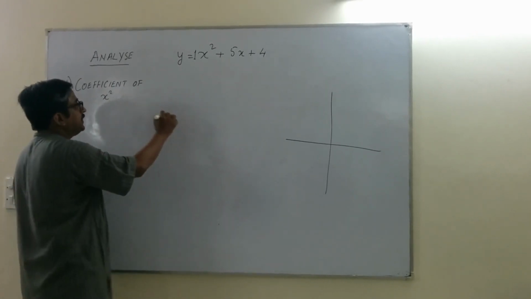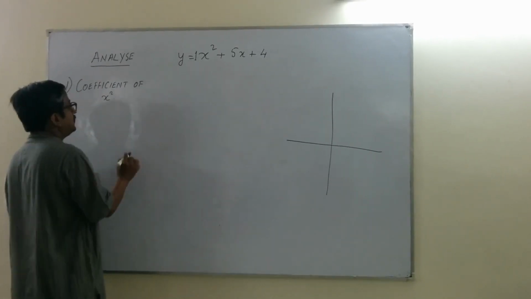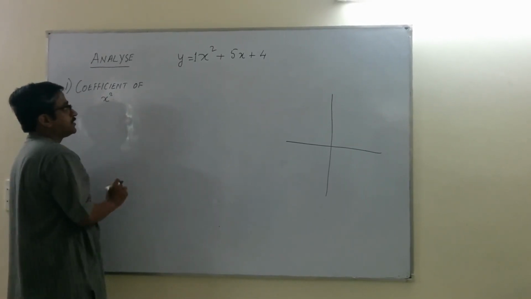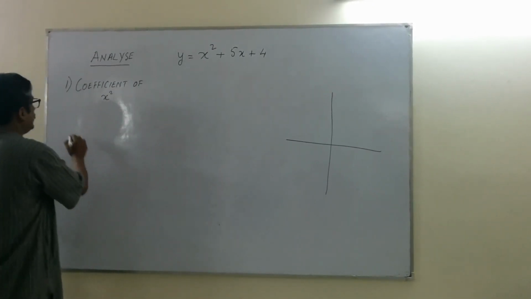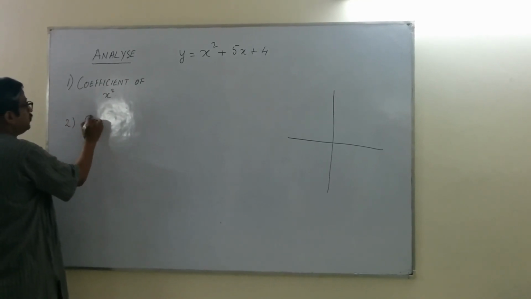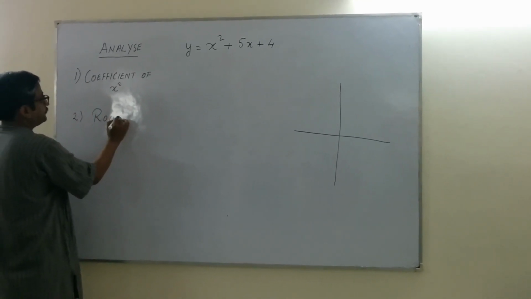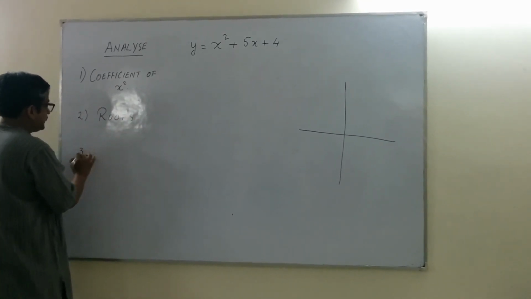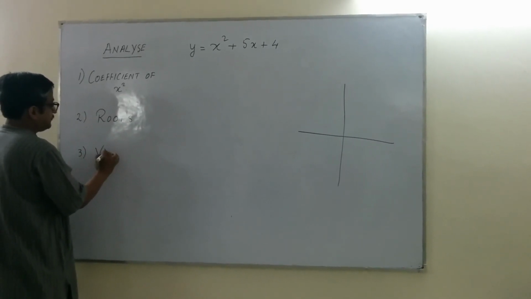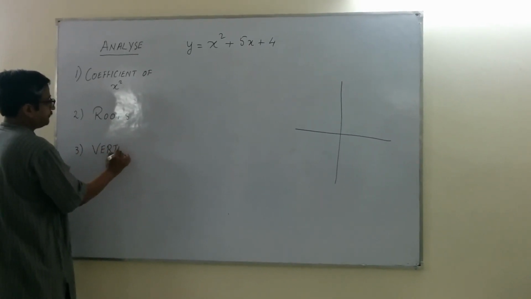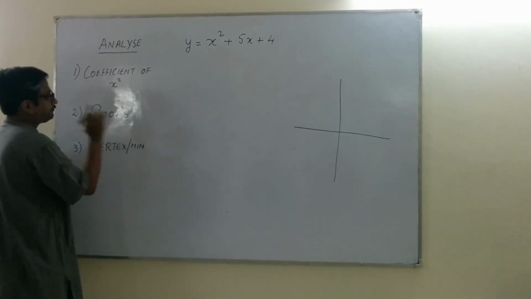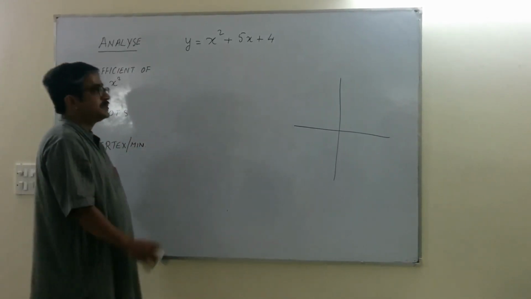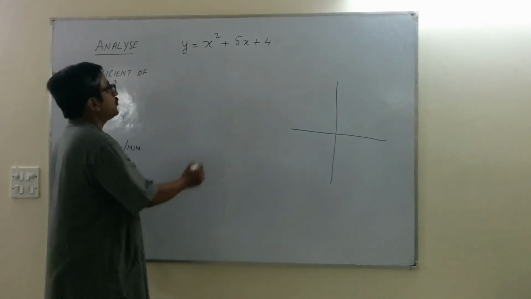So this is going to be an upward parabola because the coefficient is positive. The second thing that we are going to look for is the roots, and the third is the vertex or the minimum of this parabola. So let's start with the method of completion of the square.